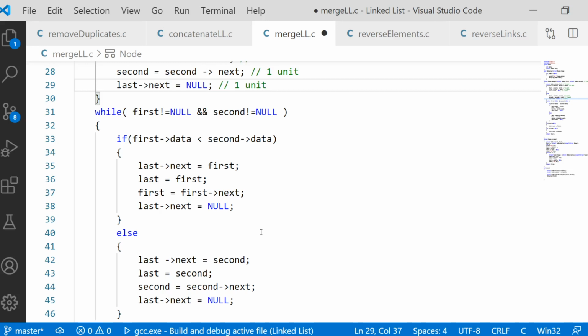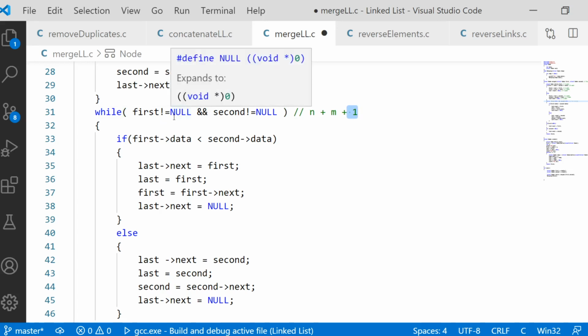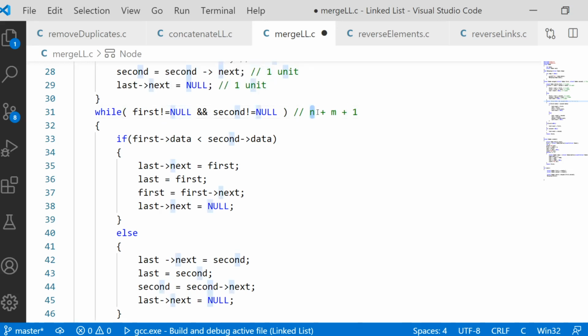If we are visiting all the nodes of both linked lists, then this loop will work for exactly n plus m plus 1 times. That extra 1 is for the failure condition, equal to null. It visits all n elements of the first linked list, m elements of the second, and one null keyword. So totally this condition will be checked n plus m plus 1 times.